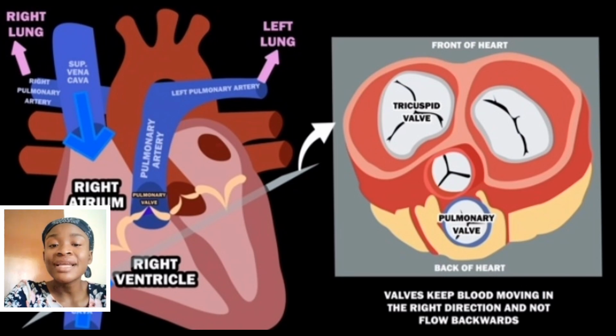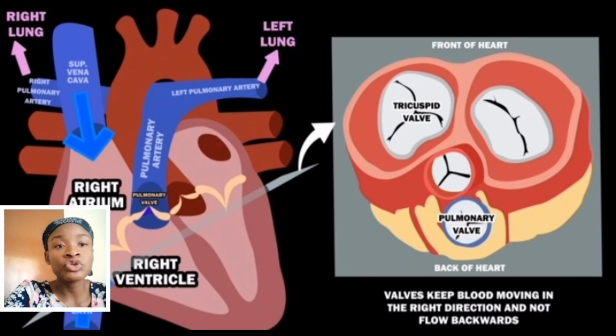Now when the blood enters the right ventricle, it goes through the pulmonary valve into the pulmonary artery. Remember, an artery is a blood vessel that carries blood away from the heart. This blood is being transported to the lungs.